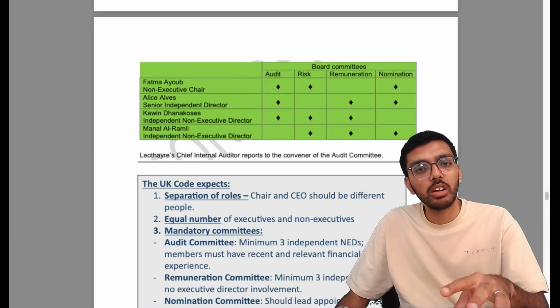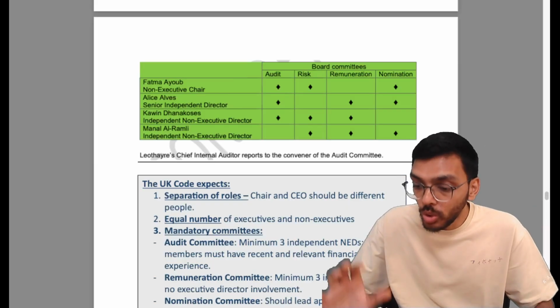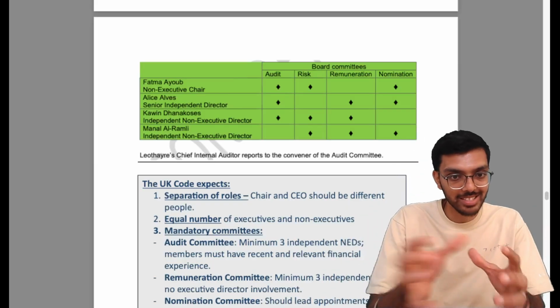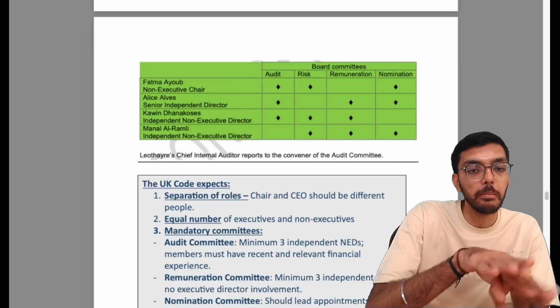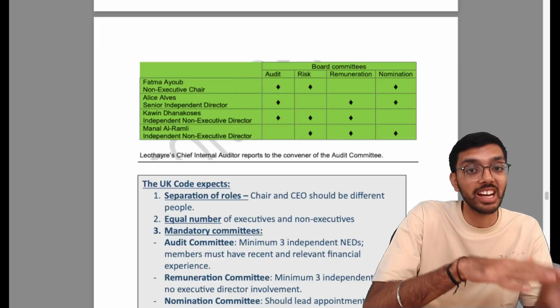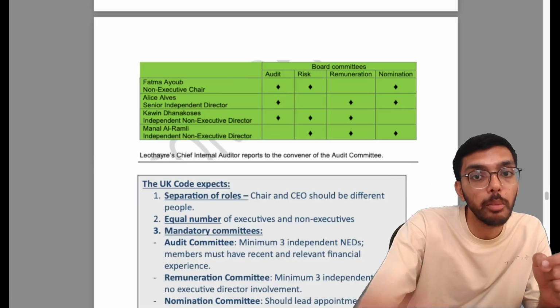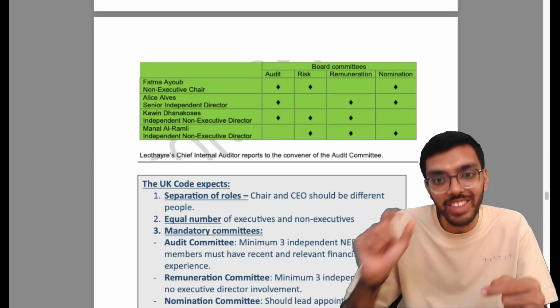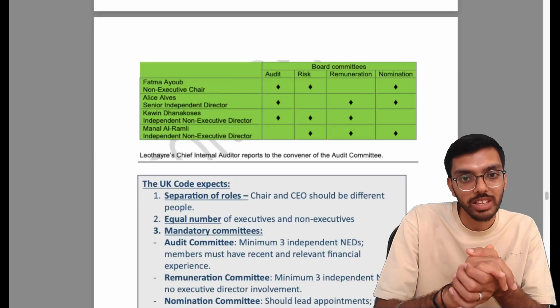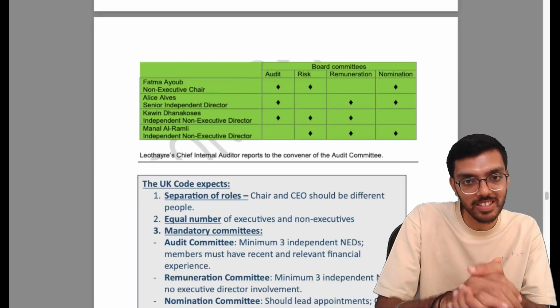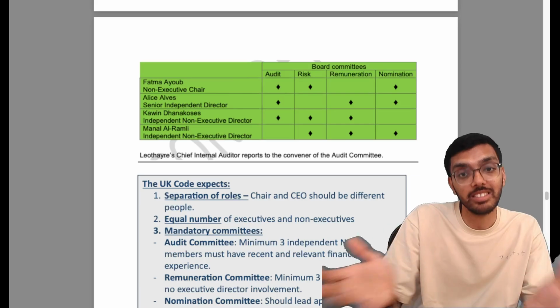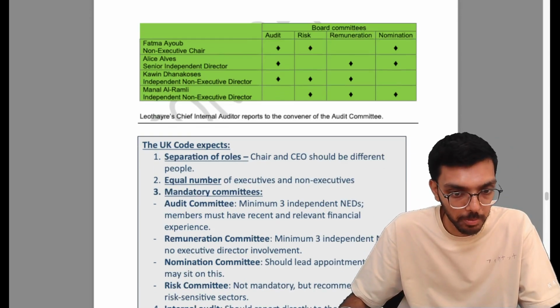Now overall, as a company, the only thing that we can look at as lacking is the equal number of executives and non-executives. If I narrow in on the committee memberships, then that is a very critical analysis that I'm making, but that is the rule, so I'm just bringing it up for you.